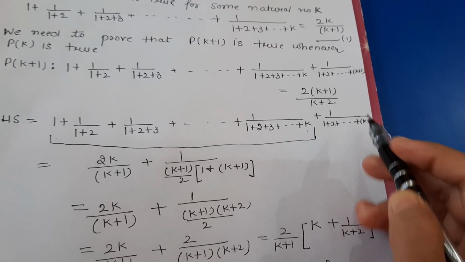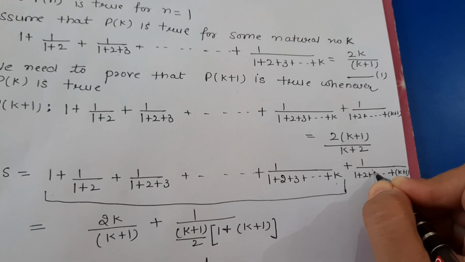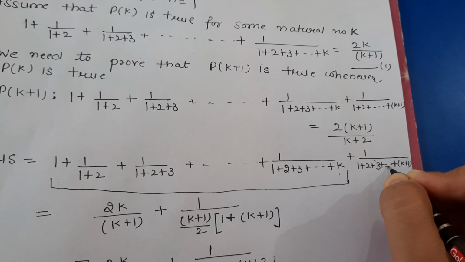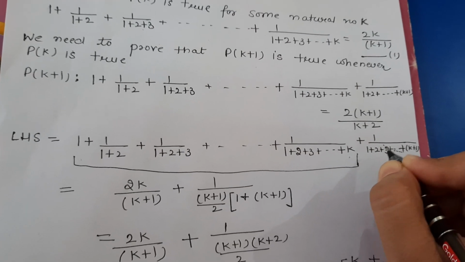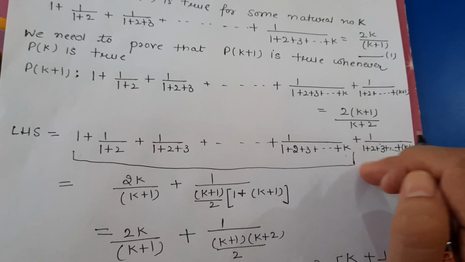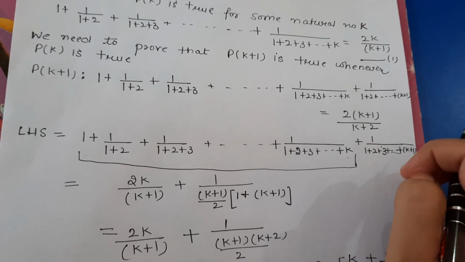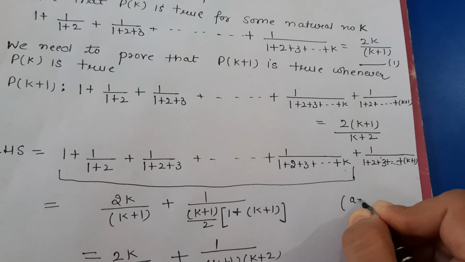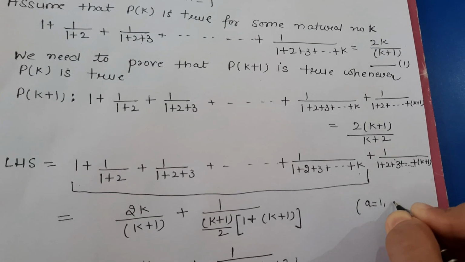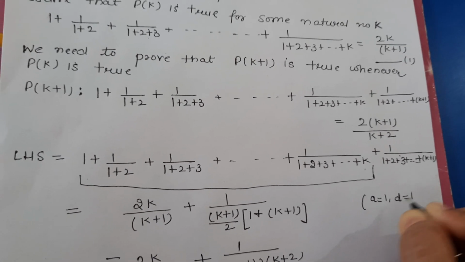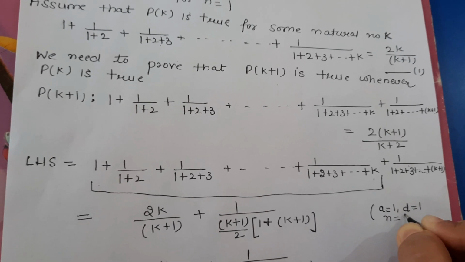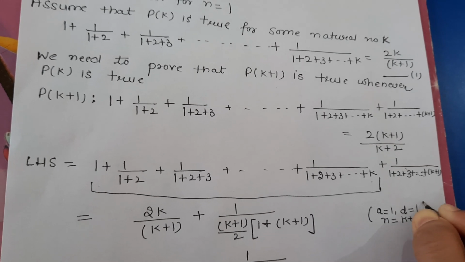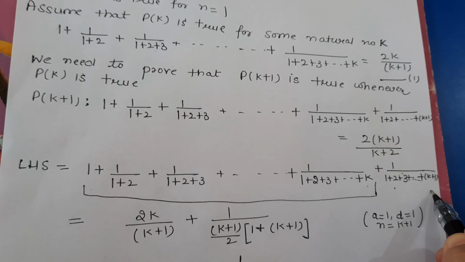This is 1 plus 2 plus 3 up to so on k plus 1. The series in the denominator is in AP, whose first term is 1. Common difference is also 1. Number of terms are k plus 1.